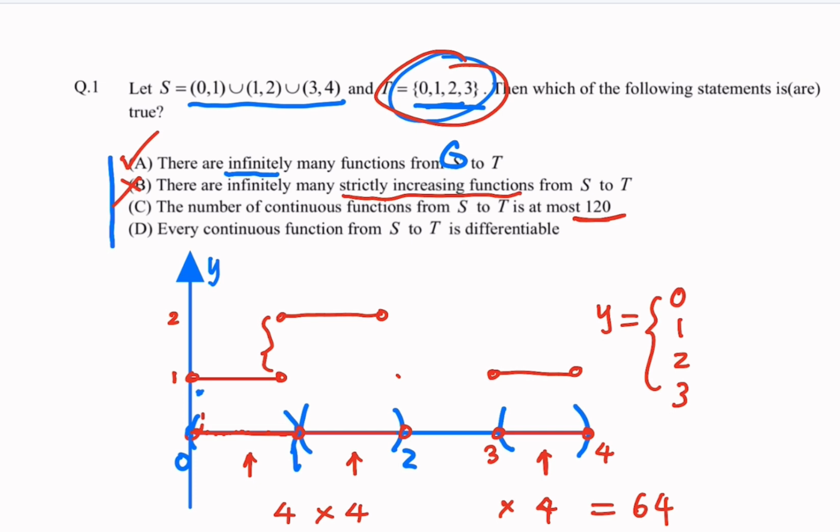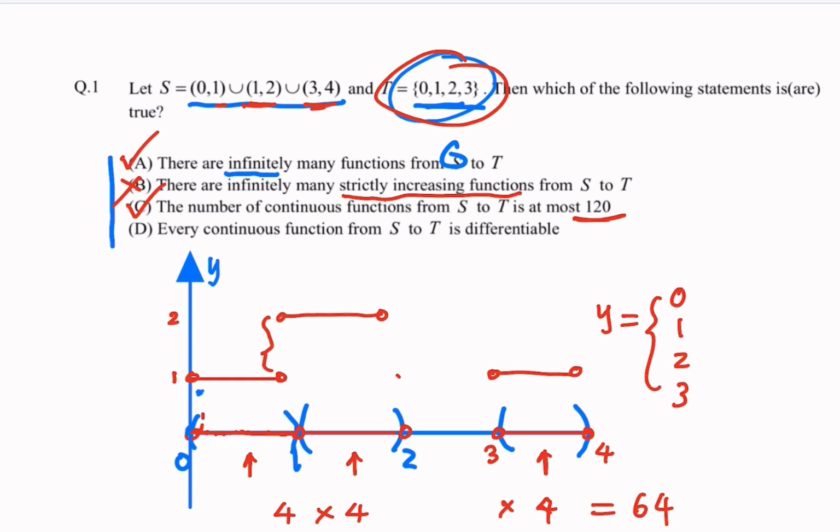Now let's look at part D. It says every continuous function from S to T is differentiable. Now you may think, there's a big jump here, and this of course is not a differentiable function. Notice that by definition, the domain is an open interval. As long as the point is in the domain, the function is differentiable everywhere it is defined.